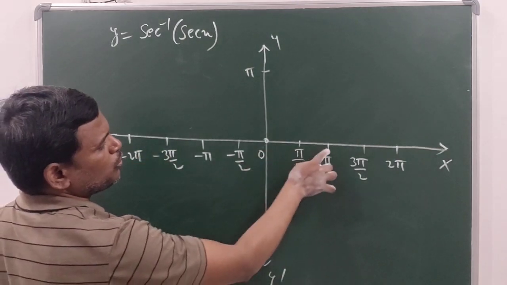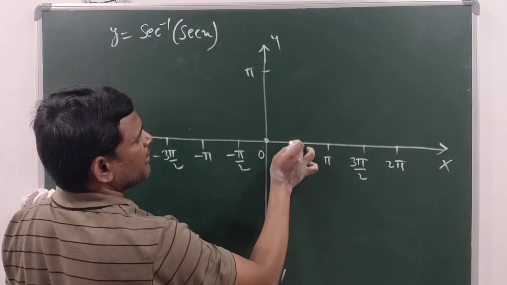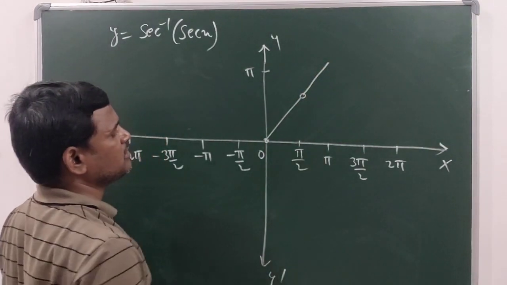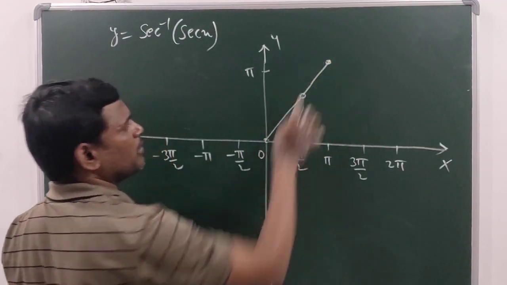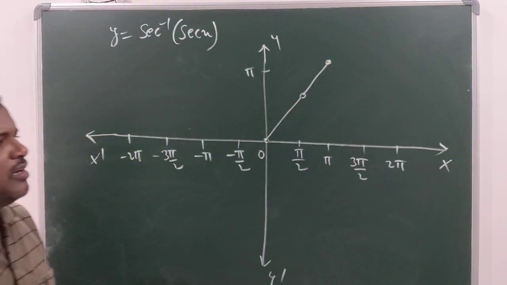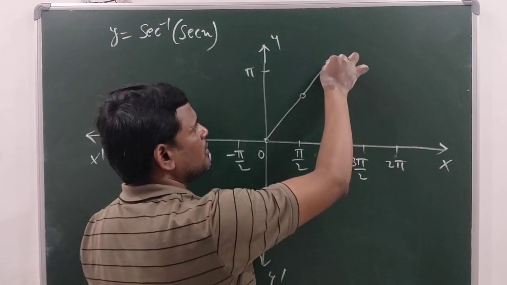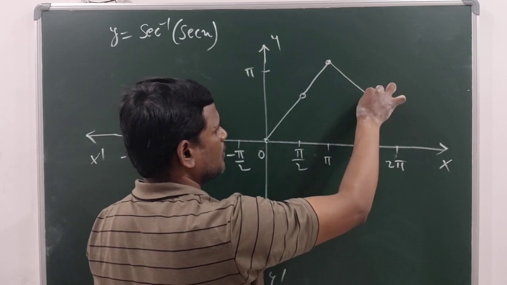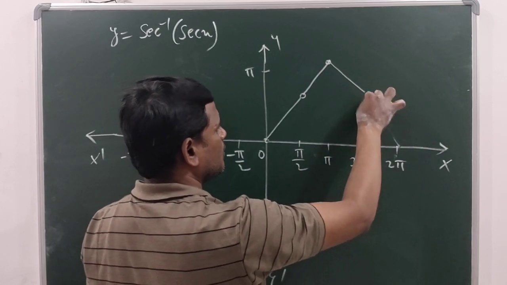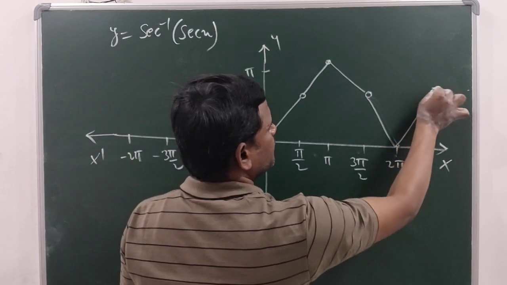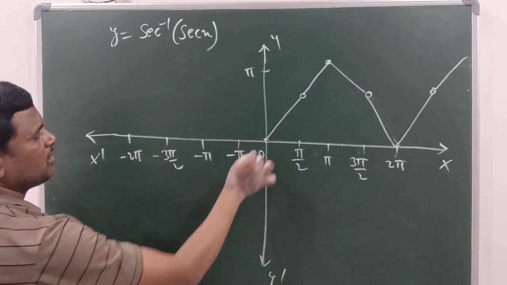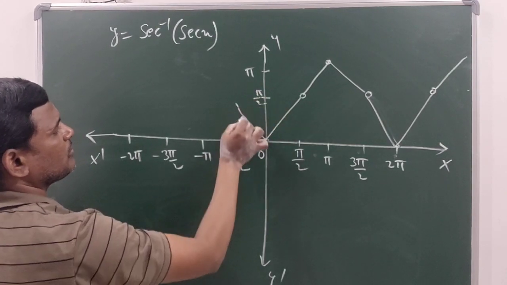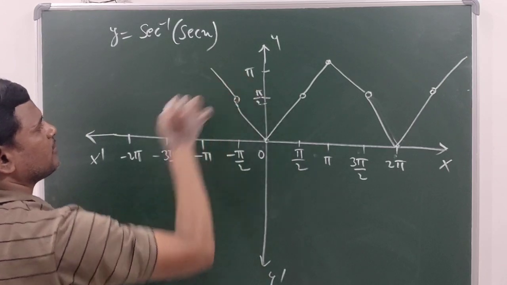Okay, now from 0 to pi, you get the break at 90 degrees. So you get the graph like this. Both ends are included. Now pi to 2 pi. Here at odd multiples of 90 you will get a break. Similarly, here also at 90. So where you have to take the break.